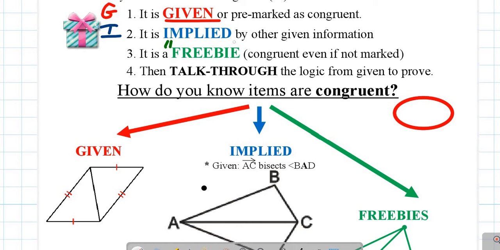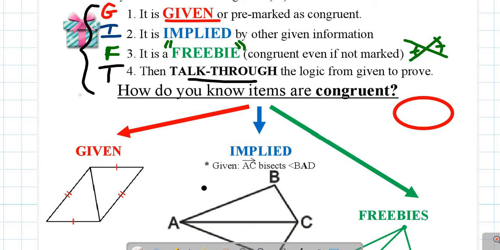Put a quote around this. This is not a technical term. These are things that are congruent even if not marked. An example of a freebie would be vertical angles. And then it's important you talk through why the triangles are congruent. Talk it through. It spells the acronym GIFT. Given, implied, freebies, talk through.